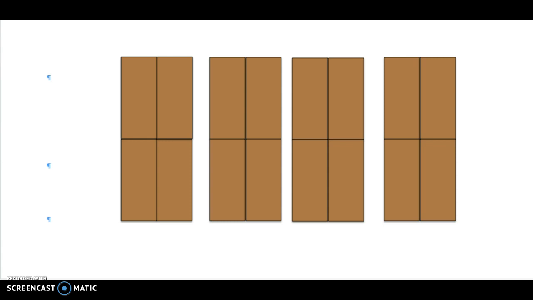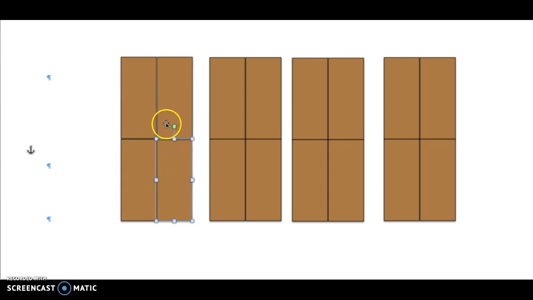So if a block of chocolate is cut into 4 equal pieces, each piece is 1/4. So a block of chocolate can be cut into quarters. To find the total number of quarters when 4 blocks of chocolate are cut, you can multiply 4 times 4, because we have 1, 2, 3, 4.